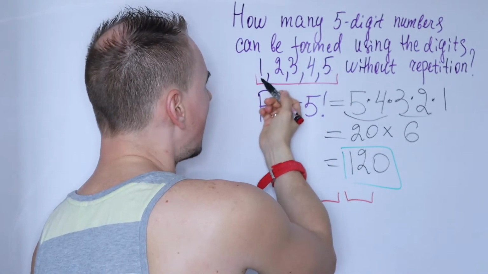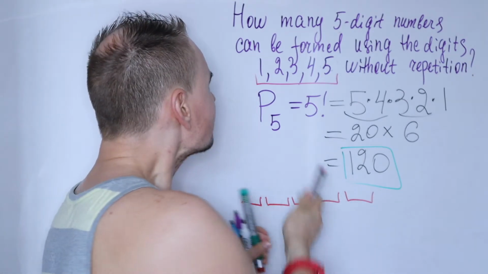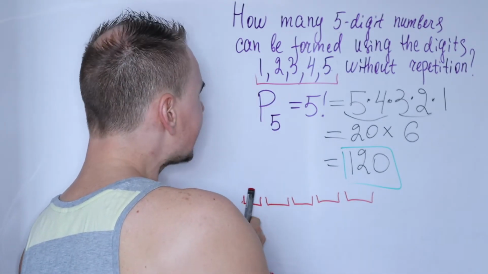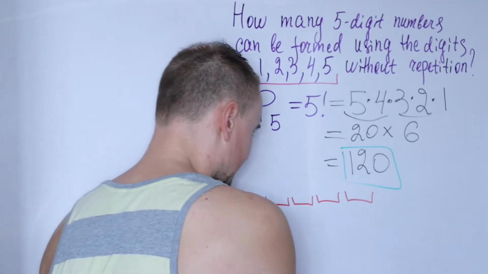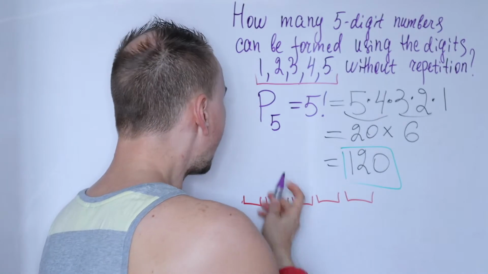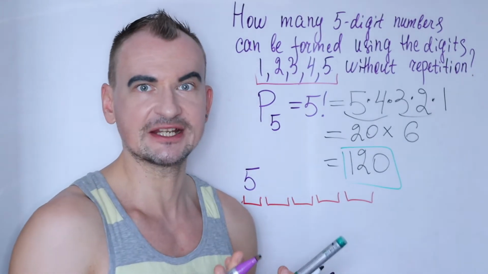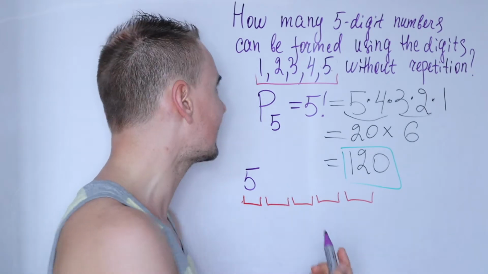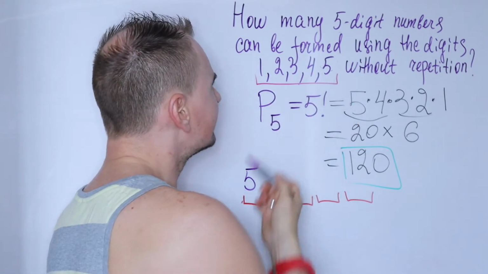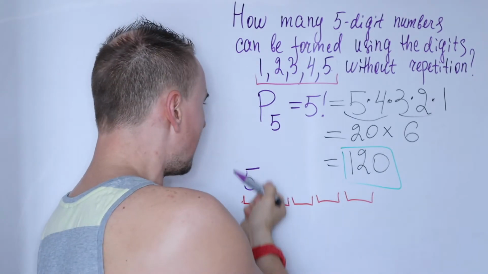It could be either 1 or 2 or 3 or 4 or 5. I could pick any digit for this first place. So I have these 5 choices, 5 different variations to select the first digit for my number.